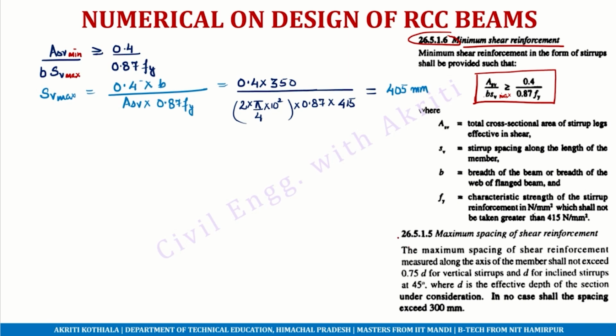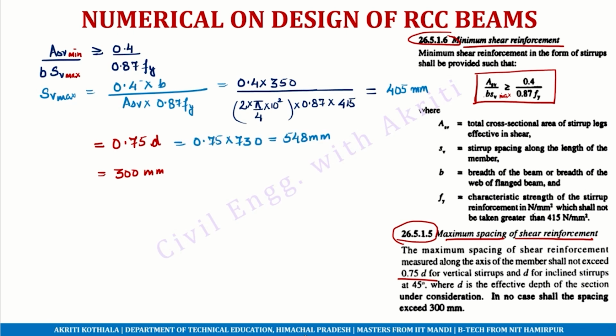However, clause 26.5.1.5 gives us a maximum spacing of shear reinforcement, and it says that the maximum spacing can either be equal to 0.75d or 300 mm, whichever is minimum. So calculating 0.75d, we obtain 548 mm.